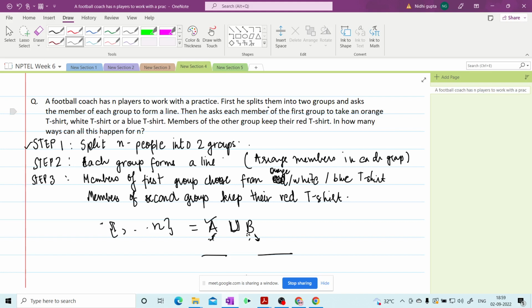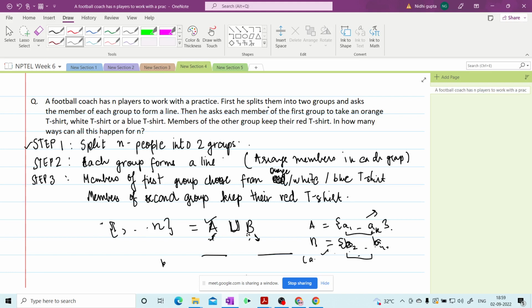Suppose A has some k people, A1 to Ak, and B has n minus k people, B1 to B(n minus k). The first step was to organize them in a line, so we had to look at the permutations of A1 to Ak, and similarly we had to do it for the second group.